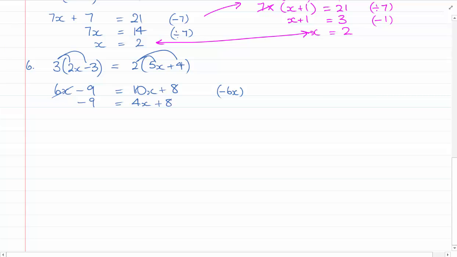10x minus 6x is of course 4x. And then I can subtract 8 from both sides to get the 4x by itself. And that gives me -9 minus 8 is equal to 4x, which is -17 is equal to 4x. And now of course I divide by 4, which gives me -17 over 4 is equal to x.